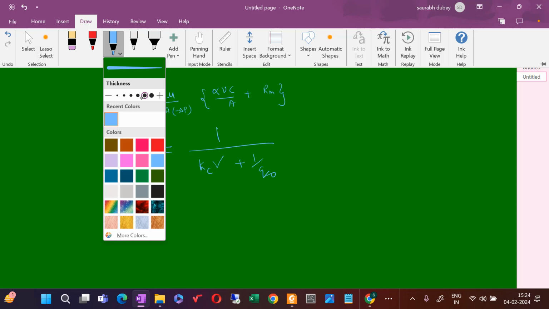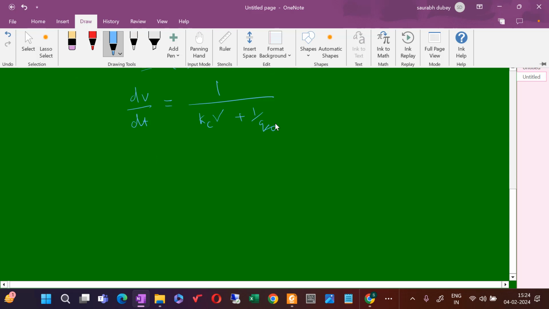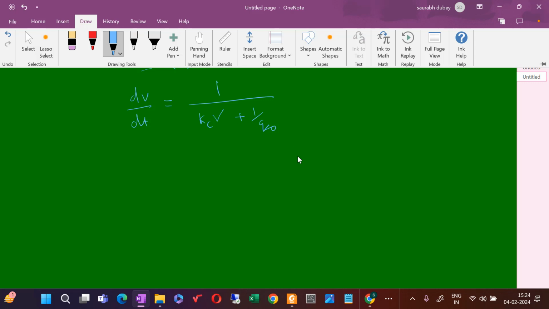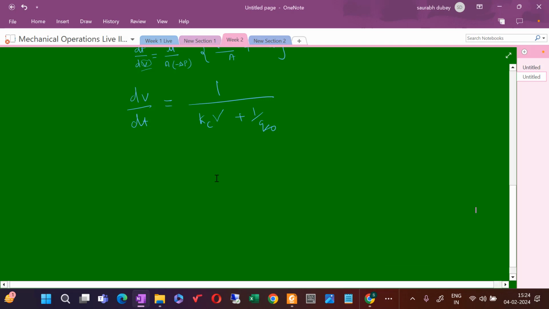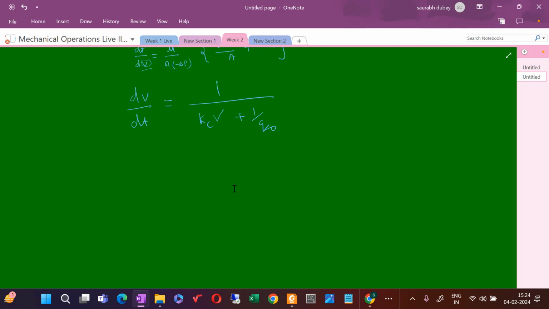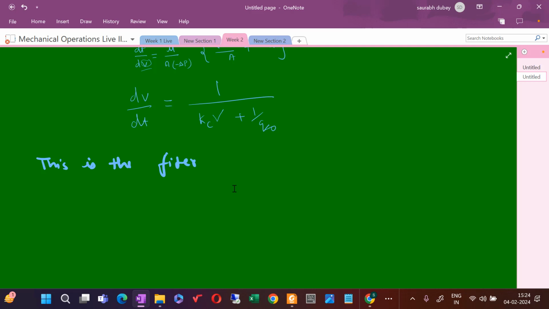So dV by dt equals 1 by (Kc V plus 1 by Q0), it is given in the problem. This is the filtration equation.